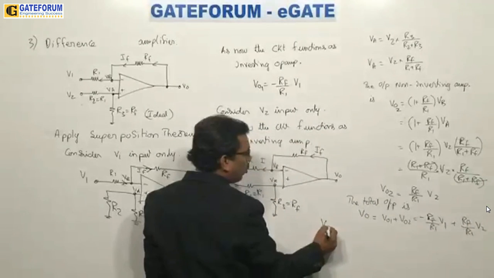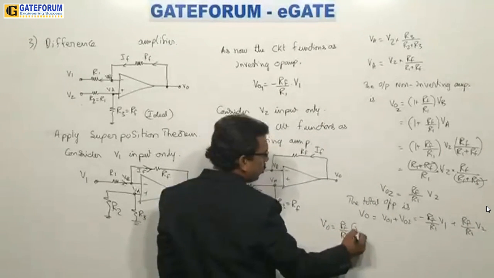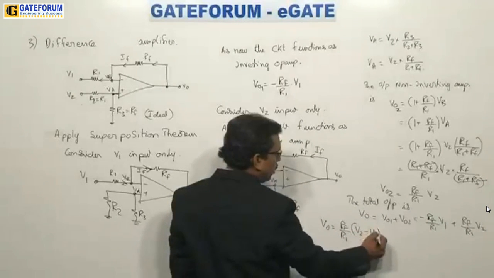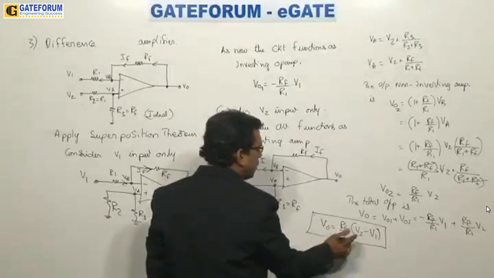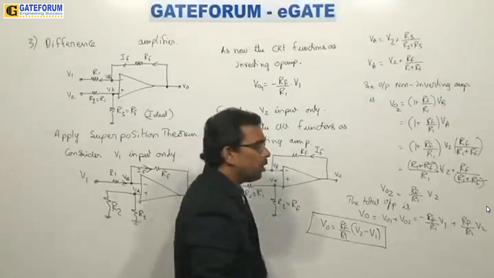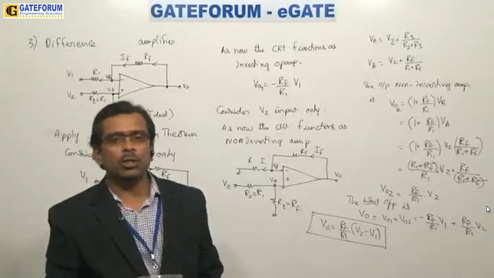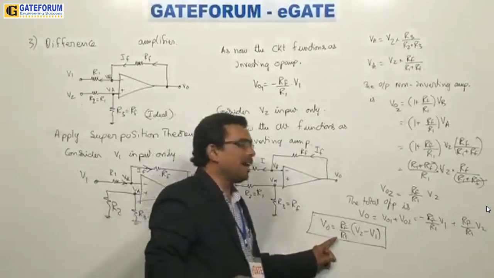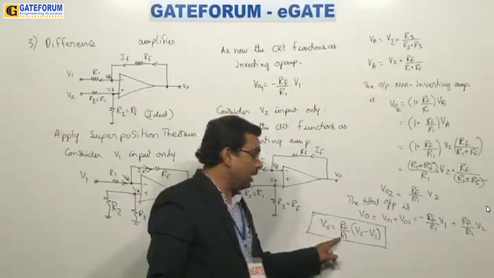The final output V output will be equal to RF by R1 common, times V2 minus V1. This circuit works as a difference amplifier, that is, it takes the difference of two input signals and amplifies it. The amplification factor is decided by RF by R1.